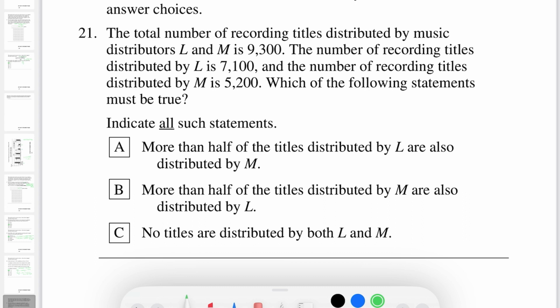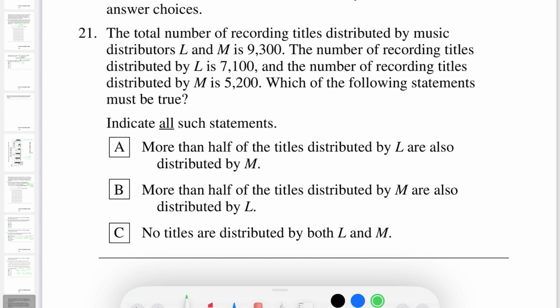So, first of all, I see that there is clearly an overlap, because if L and M together distribute 9,300 titles, but L distributes 7,100 and M distributes 5,200, then when we add it together it is clearly going to be more than 9,300.